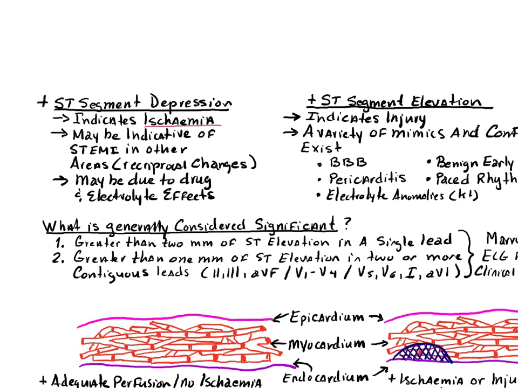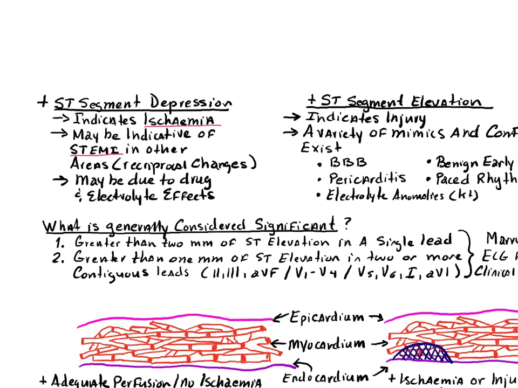Classically, ST segment depression indicates ischemia. However, it may be indicative of something known as a STEMI. And what is STEMI? ST-related MI. Good. ST elevation myocardial infarction. Okay? ST depression may be indicative of STEMI, even though STEMI stands for ST elevation, in very specific instances.